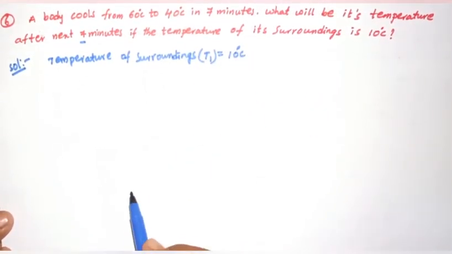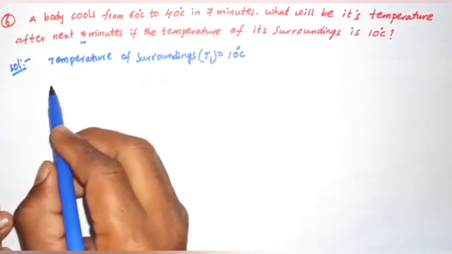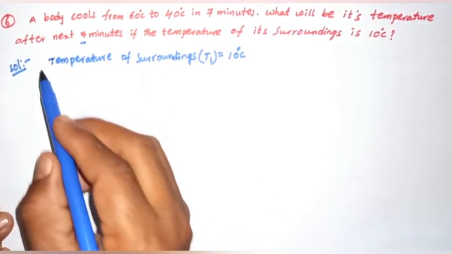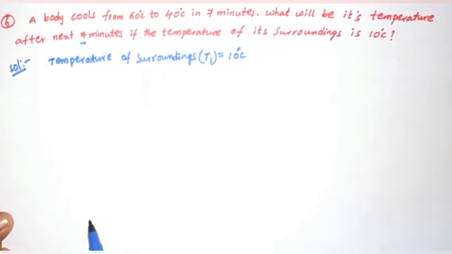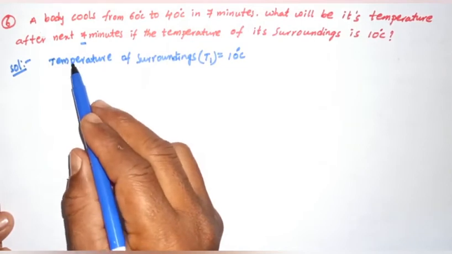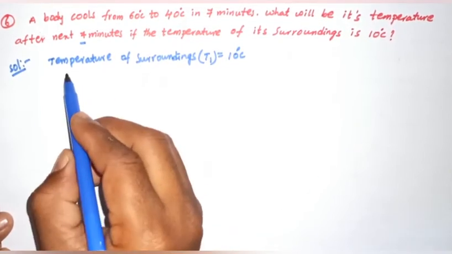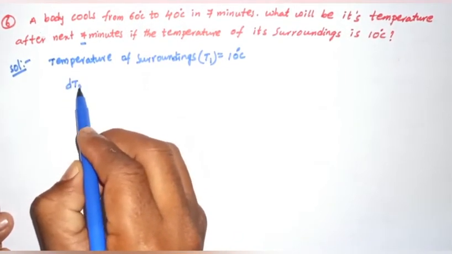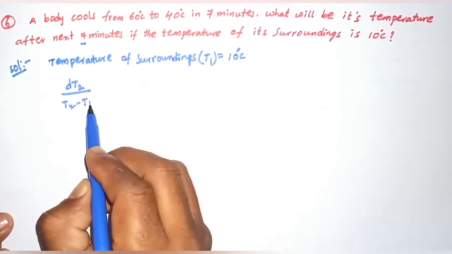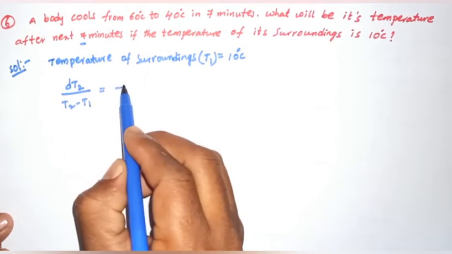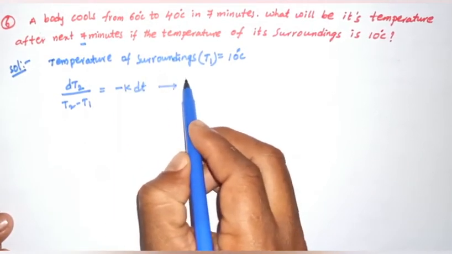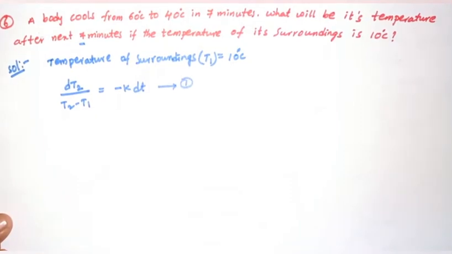Already we know the rate of cooling: dT2 by (T2 minus T1) equals minus K into dt. Consider this equation number 1.